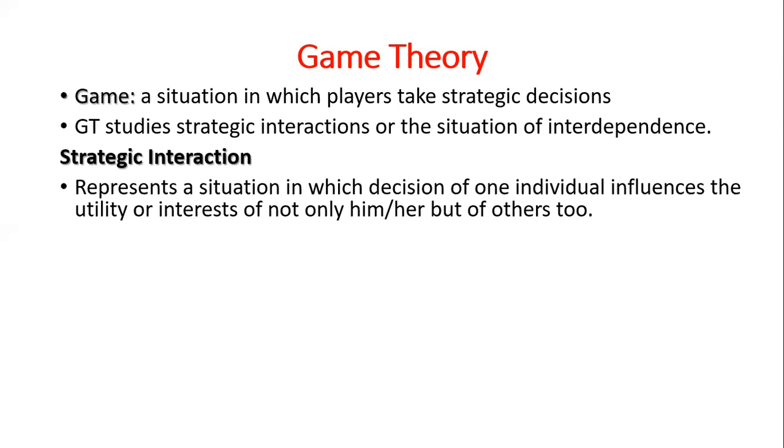For example, if there are five firms in a market, then the price decisions taken by one firm will not only affect its revenue and profit, but they will also affect the revenue and profit of the rest of the firms. The effect depends on how close the products of all these firms are to each other, what the market share of each firm is, and so many other things as well.